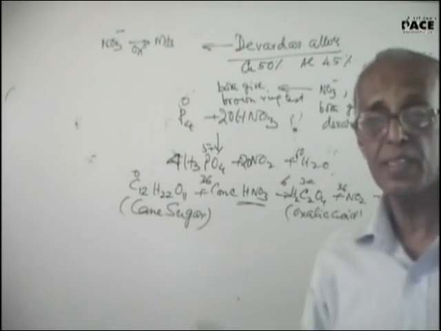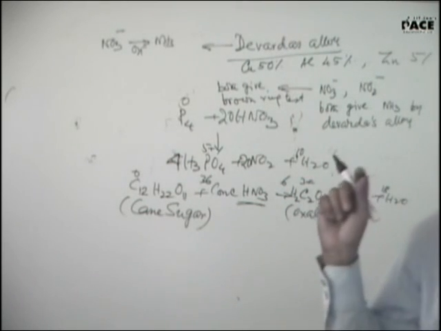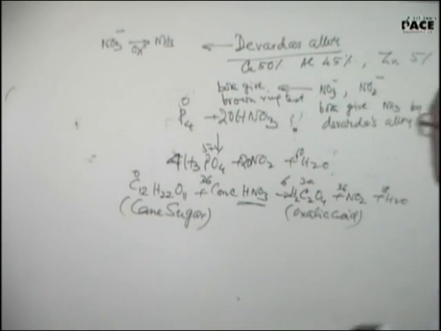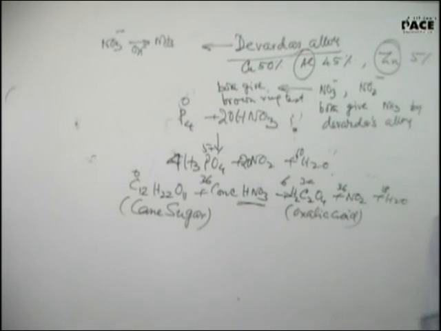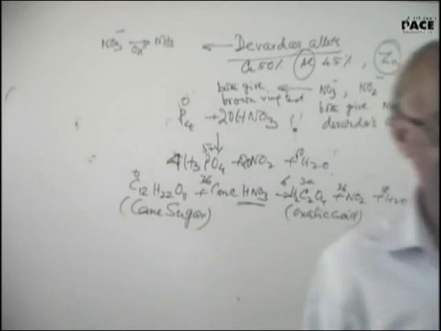Nitrite will convert to ammonia, nitrate will convert to ammonia by the action of Devarda's alloy. Which is responsible? Aluminium and zinc. They are amphoteric metals. They react, converting nitrate to ammonia, nitrite to ammonia. Not copper. Copper does not take part. It is a part of the alloy, but the metal which converts nitrate to ammonia is aluminium or zinc.